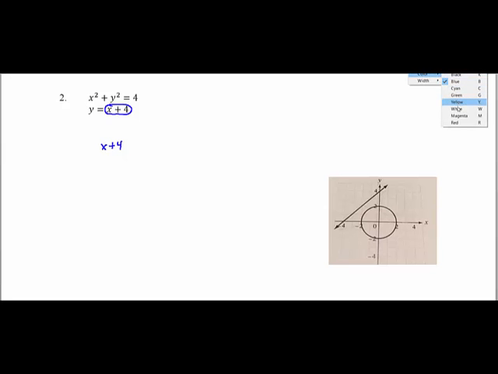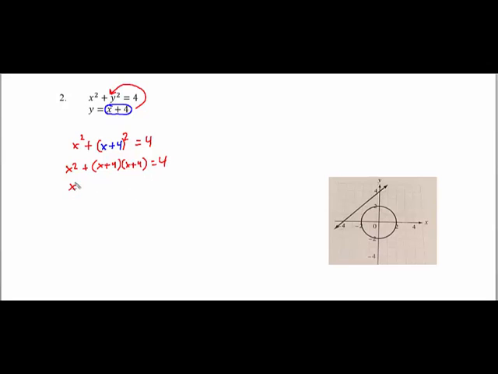So let us go and do that. I'm going to put a little square by it because we're plugging this into the y squared right there, since this was y. So now I have x squared plus the quantity (x plus 4) squared is equal to 4.